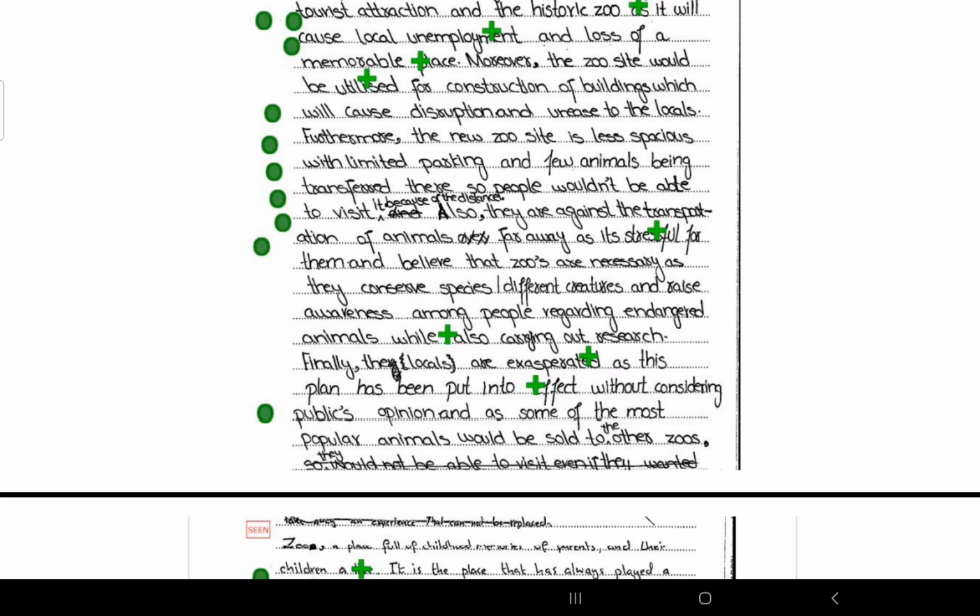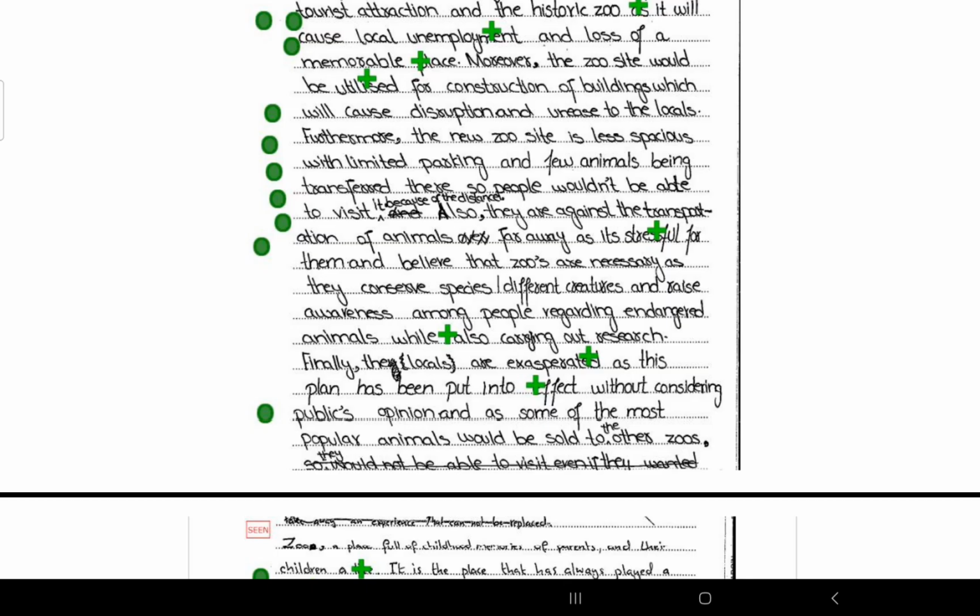If you want to get 10 points in reading, you need to come up with at least 10 ideas. If you select 10 ideas, you get your 10 marks. Then it depends upon the development, how you write them in your own words, and the writing marks depend upon your development of the text.